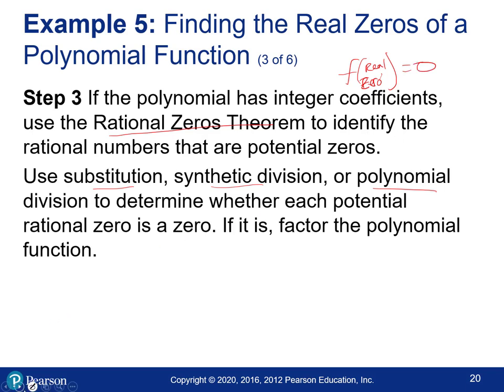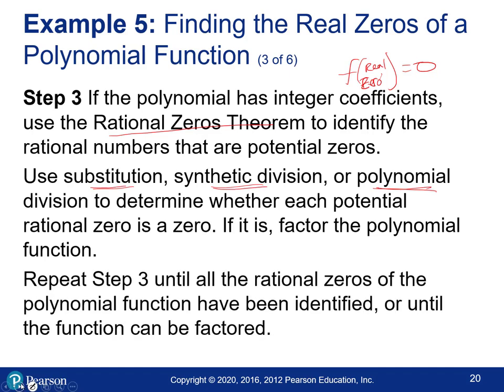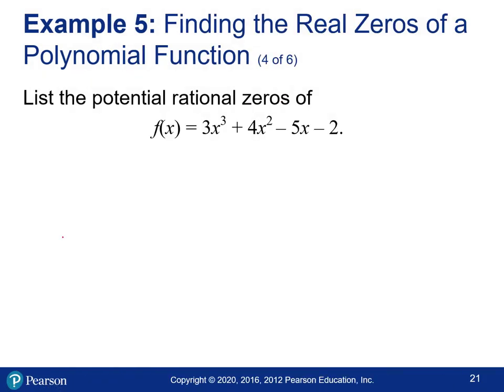And then we'll factor afterwards. So we have options here, and we'll just do different ones for the examples. And then you keep doing this until you've found all of your zeros, or you can factor the rest without using the list.